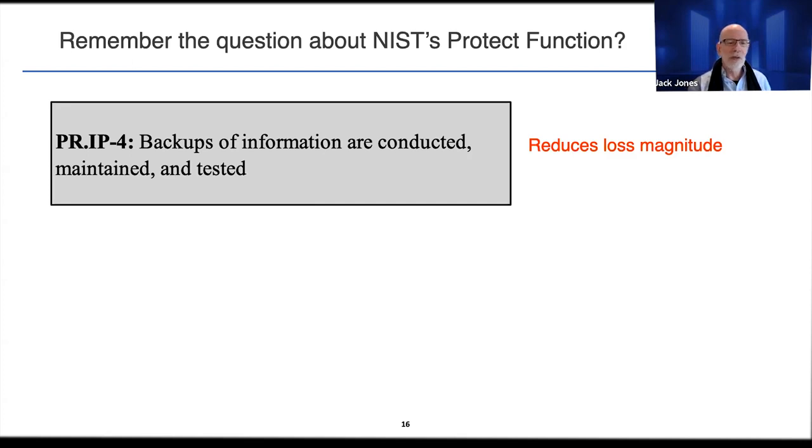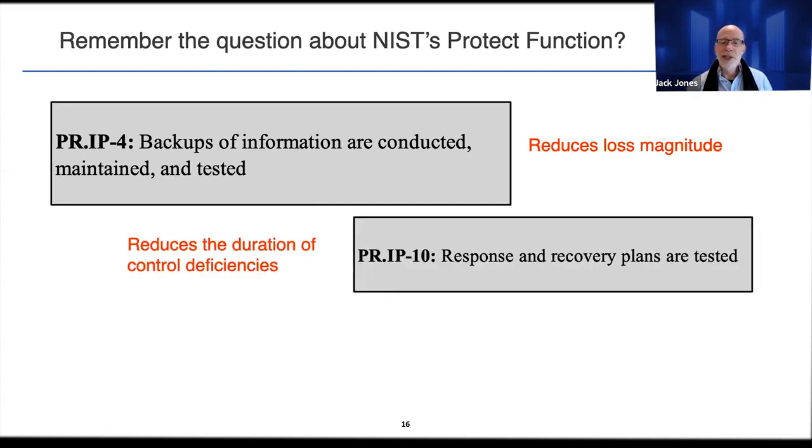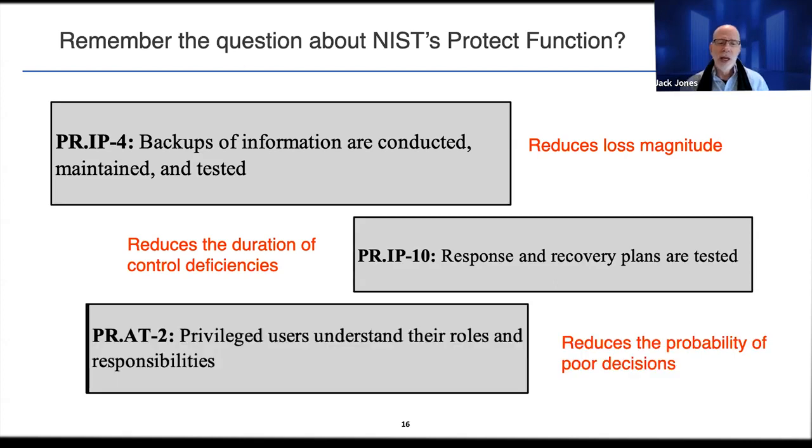It's really the magnitude of loss. PR.IP-10 reduces the duration of control deficiency, so it's a variance management control. And privileged users understanding the rules, that affects decisions, so that's a decision support control.